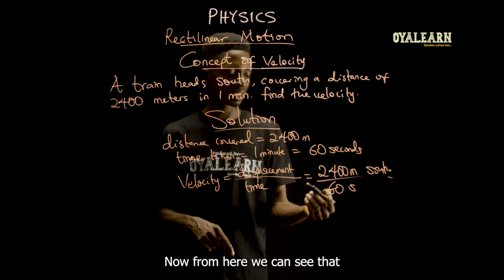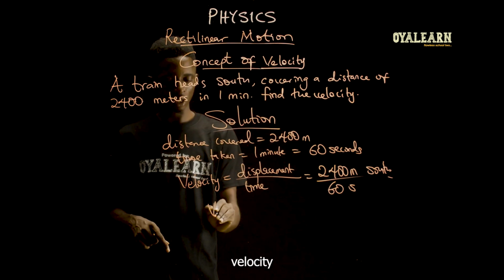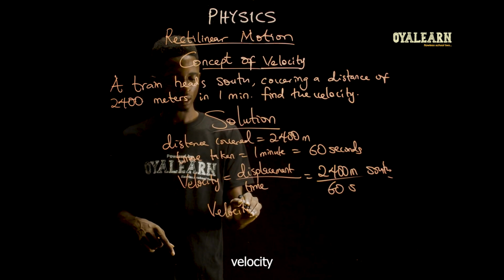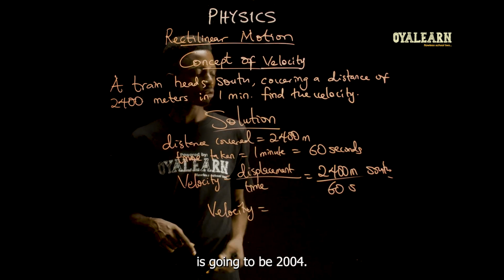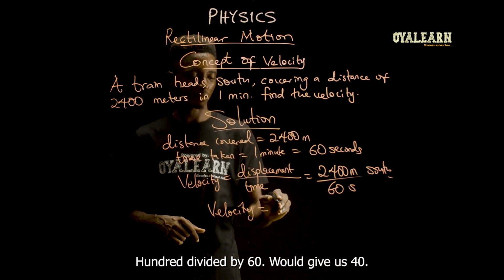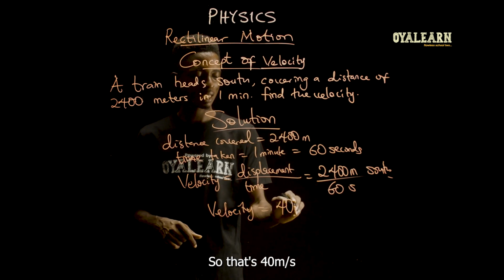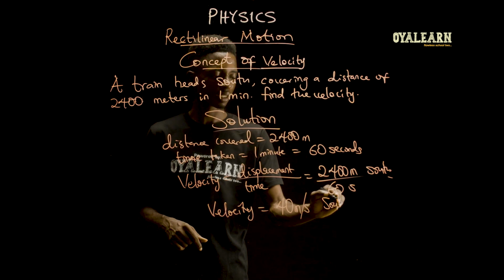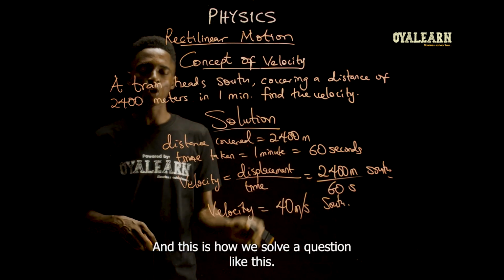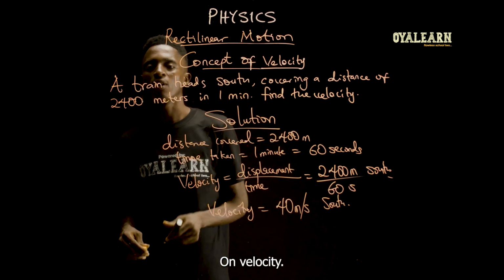From here we can see that velocity is going to be 2,400 divided by 60, which gives us 40. So that's 40 meters per second south. And this is how we solve a question like this on velocity.